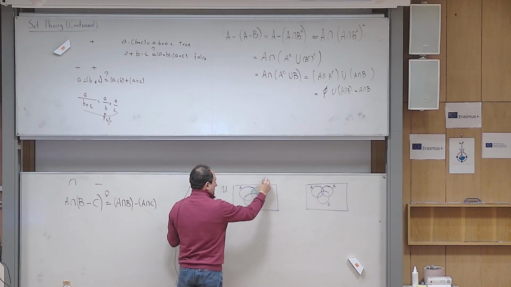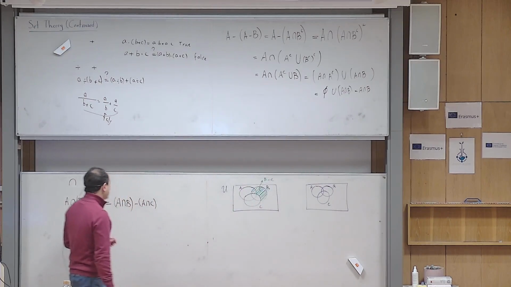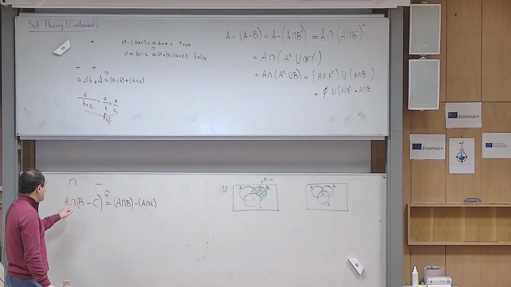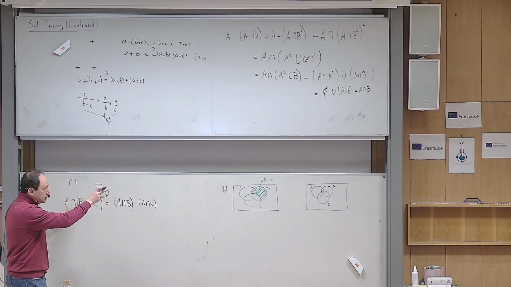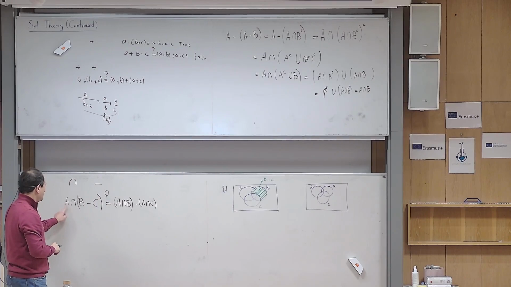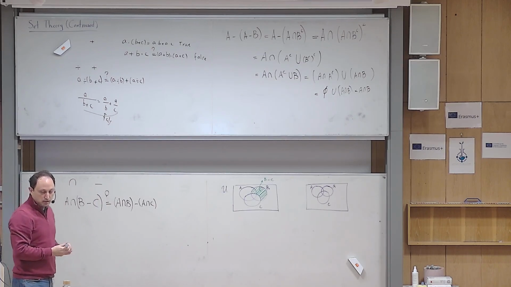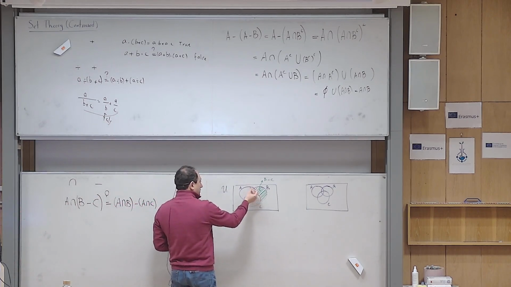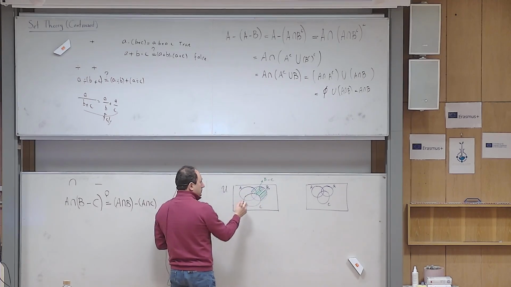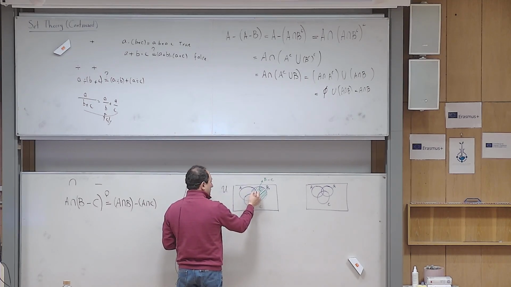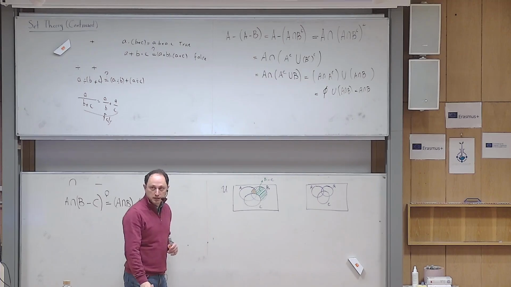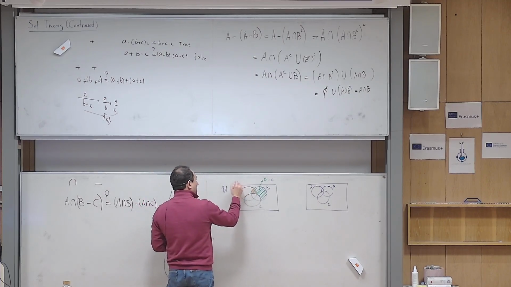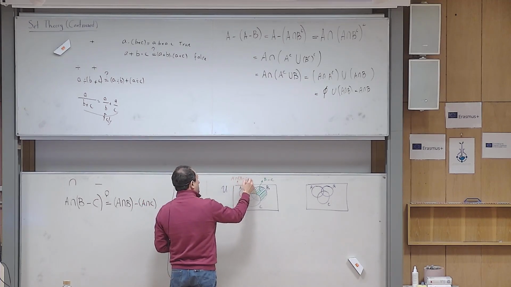This is B minus C. Then I want to find its intersection with the circle of A, the overlap between the green region and the circle of A. What is that? This is the circle of A, and this is the green region. I want to find the overlap. Do you agree with me? This is here. So this is exactly A intersection B minus C.